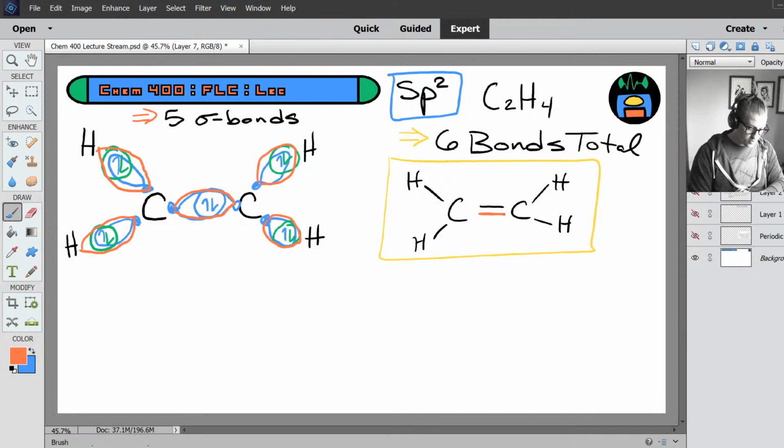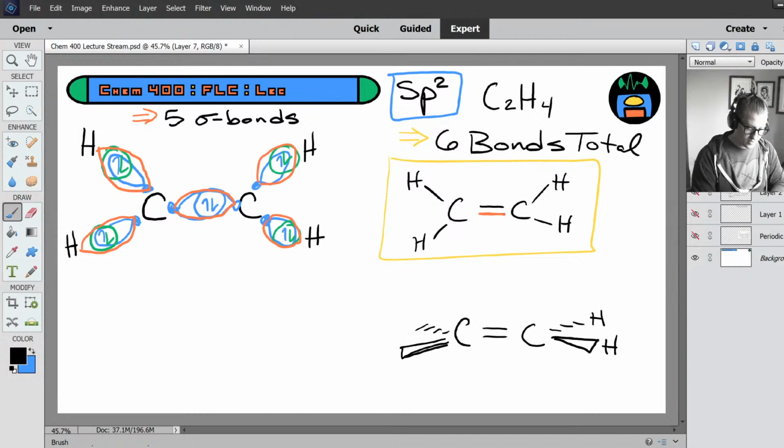So I'm just going to redraw this structure here, rotated 90 degrees. All right. So instead of everything being in the plane, the carbon-hydrogen sigmas are coming out at you and going back away from you. Sorry, that's a little ugly. There we go. Okay. So let's take a look.